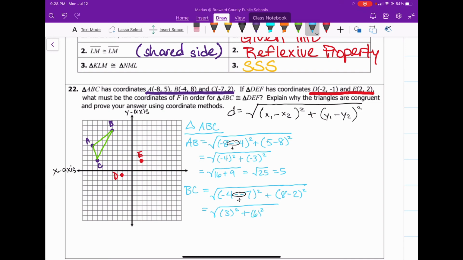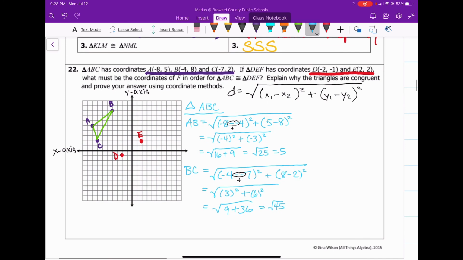That's going to equal the square root of 9 plus 36, and that's going to equal the square root of 45. We'll leave it like that for right now because we don't need to be that specific with the square roots.